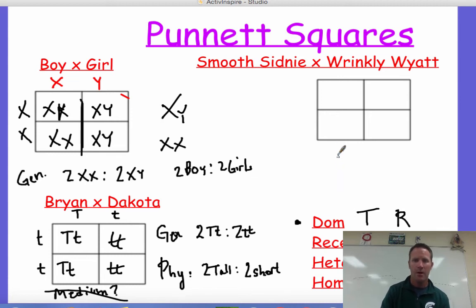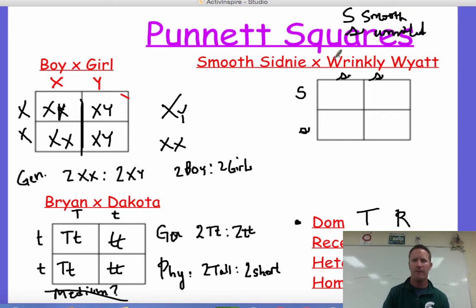Okay, the last one was Smooth Sydney and Wrinkly Wyatt. Smooth Sydney, I believe, was heterozygous, so that would make her big S, little s. And Wyatt was wrinkly, so that was little s, little s. So that means that smooth is dominant to wrinkly. And so big S is smooth and little s is wrinkled.